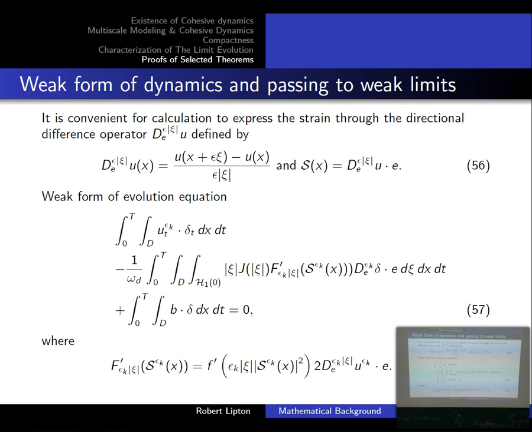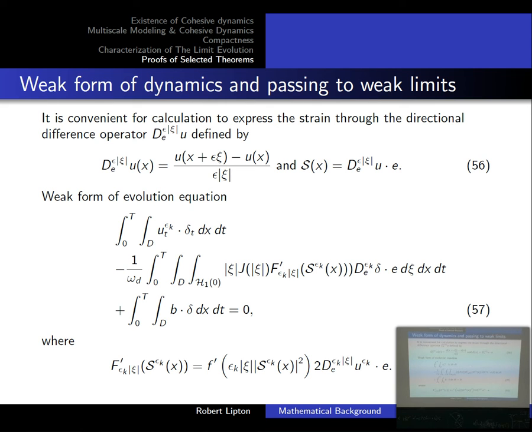The problem is that this is a nonlinear quantity. Now what we can actually show is that as epsilon goes to 0, S epsilon k converges weakly to a limit in L2 on x cross this H1.